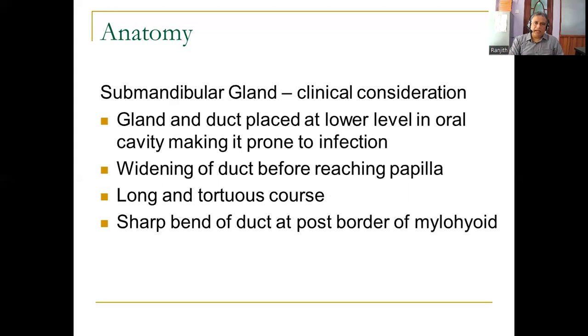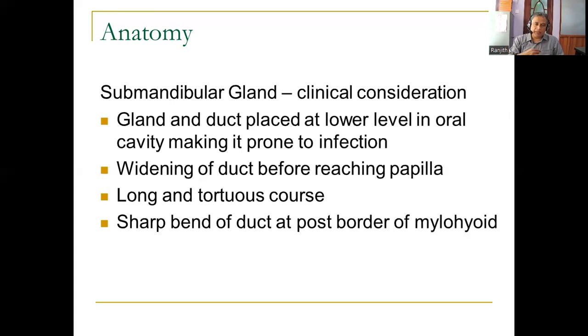Now, the importance of the submandibular gland and the duct is that it is placed at a lower level in the oral cavity, and that makes it prone to infection. Because the gland is present at the lower level, the opening of the duct is at a higher level. It is at the floor of the mouth.